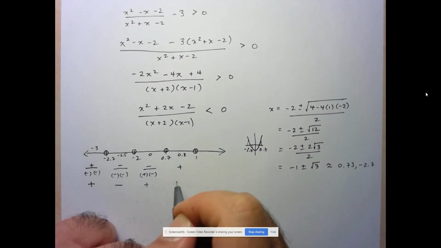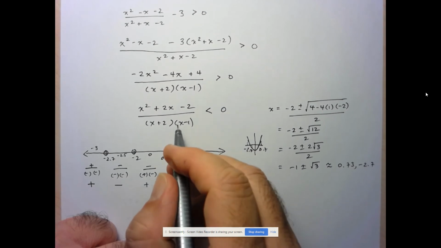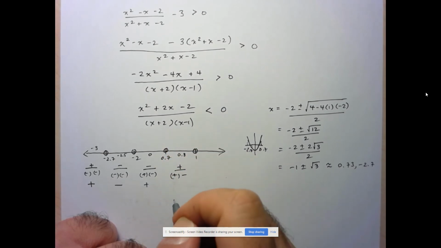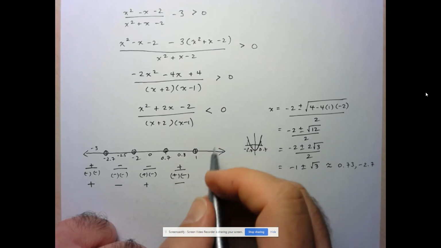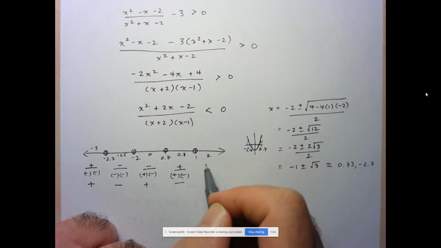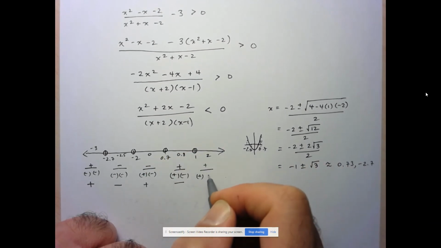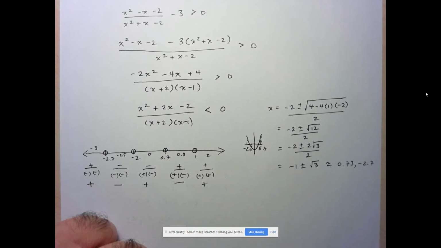And here we have 0.8 plus 2 is positive, and 0.8 minus 1 is negative. So we have positive over negative is negative. And lastly here, let's say we pick 2. Positive on the numerator, and in the denominator, both of them are positive. All right, so there we go.